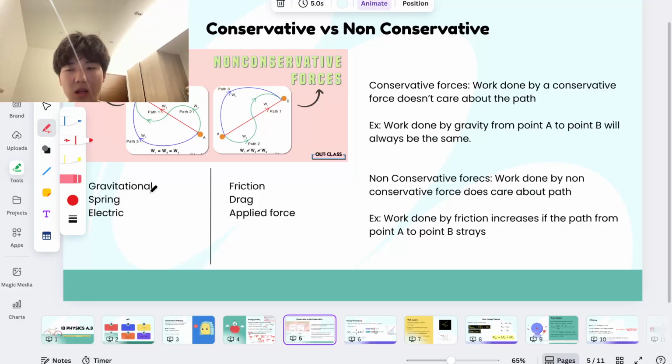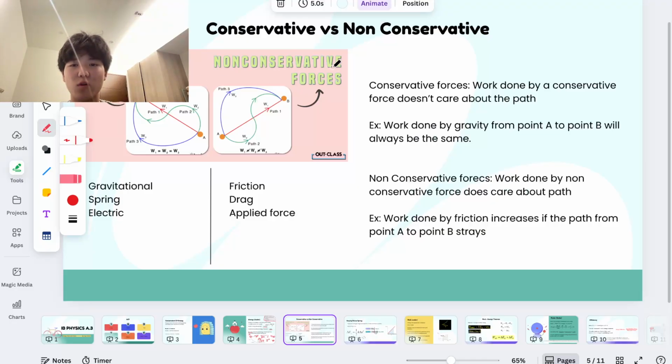Whereas if you jump from third floor to first floor, you also get the same amount of energy transferred to you. So the work is the same, but the time it took is different. But regardless, the work is the same. And that's a conservative force.